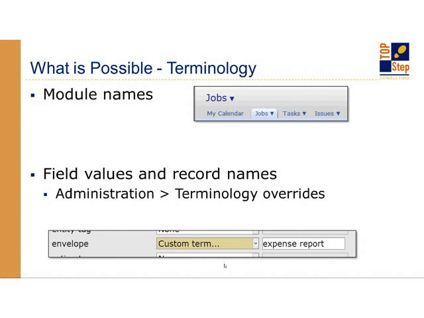I've seen people rename users to employees. Lots of options there, and that's where you find it under administration. Terminology overrides. So really, the candidates here are when you find people are confused by OpenAir terms because everyone else in the company calls something something else. That's where you want to consider terminology changes.